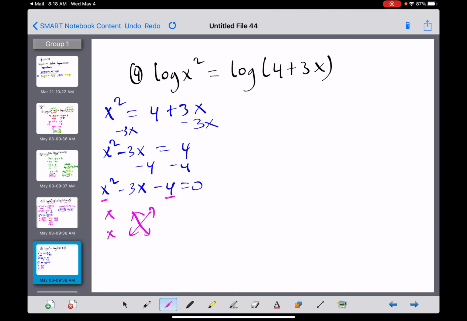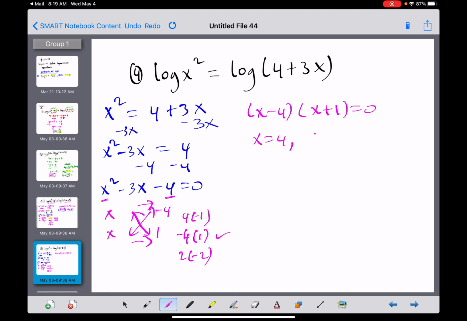Two numbers that multiply to give us negative 4, but add up to give us negative 3. So we have several choices here. The one that gives us negative 3 is negative 4 and positive 1. So look straight across to write down your answers, which is x minus 4 times x plus 1 equal to 0. So x equal to 4 and x equal to negative 1.